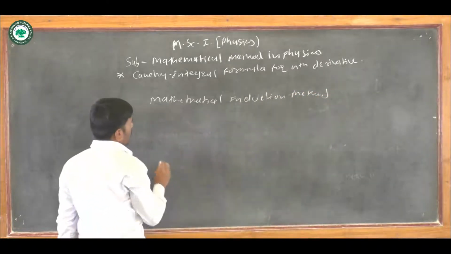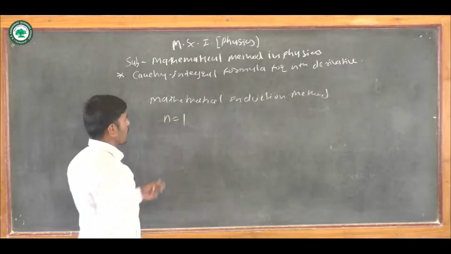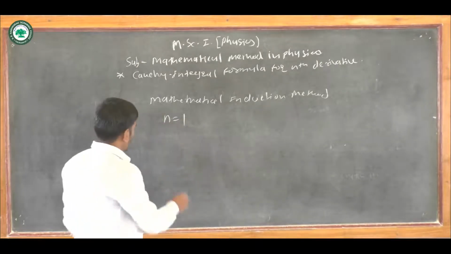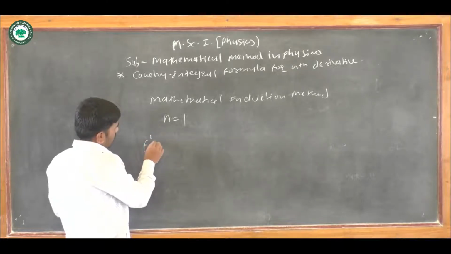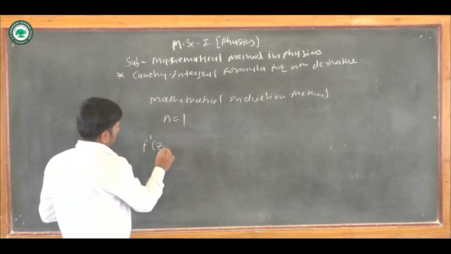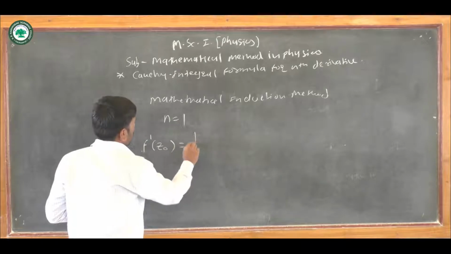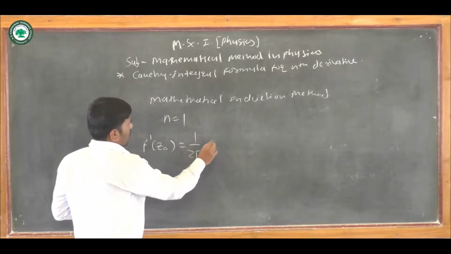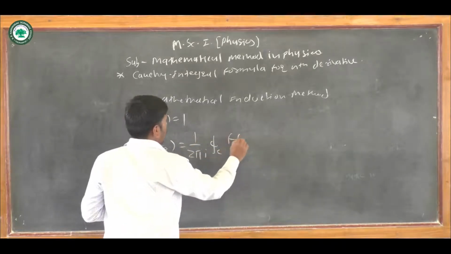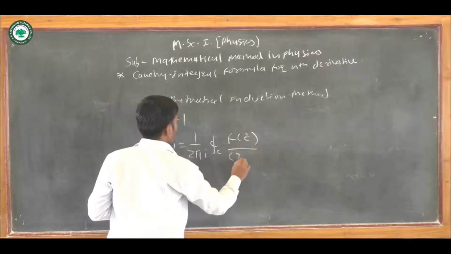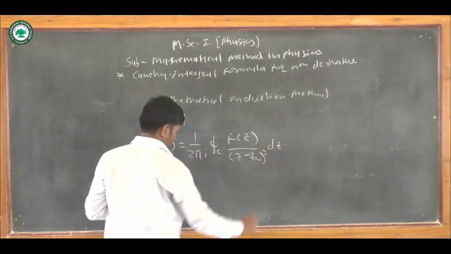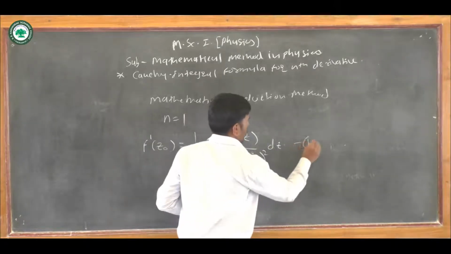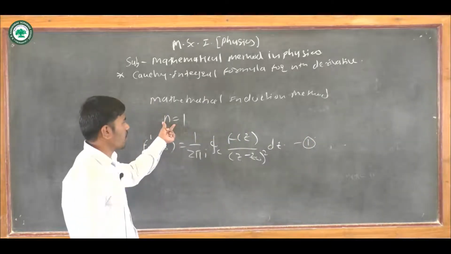So by mathematical induction, we first consider n equal to 1. The expression is f prime of z naught is equal to 1 by 2 pi i, closed integral over C of f(z) divided by (z minus z naught) whole square dz. This is equation number one, which I am considering for n equal to 1.